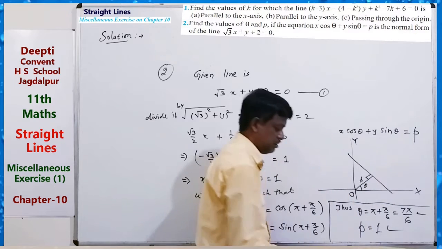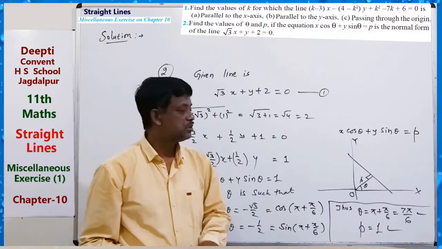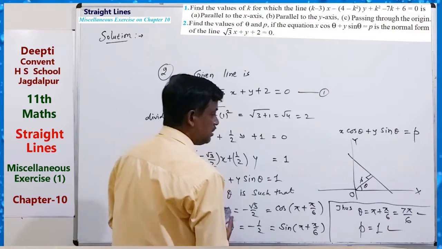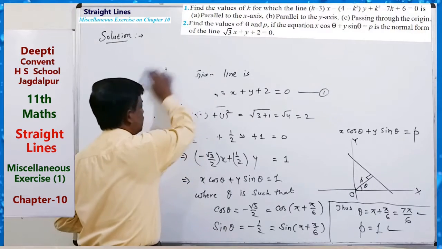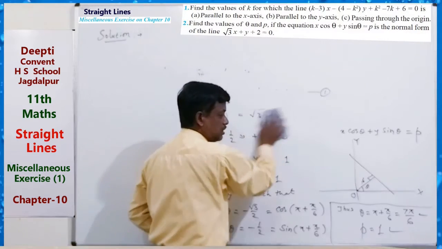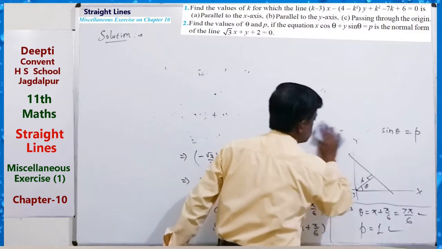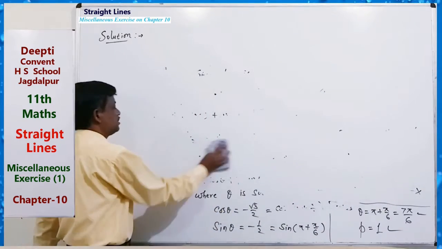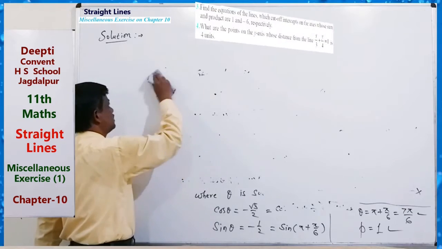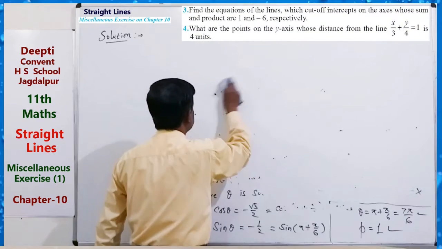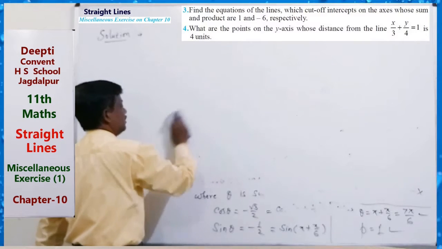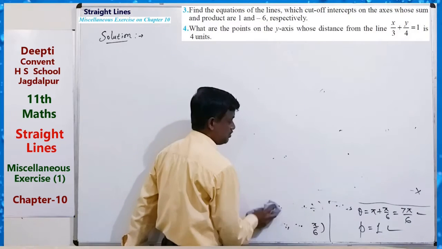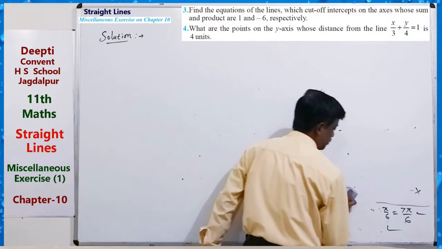Now third question. So here you can see the third question is given. Find the equation of lines which cut off intercepts on the axes whose sum and product are given. So we know the intercept form of the line: x by a plus y by b equals to 1.